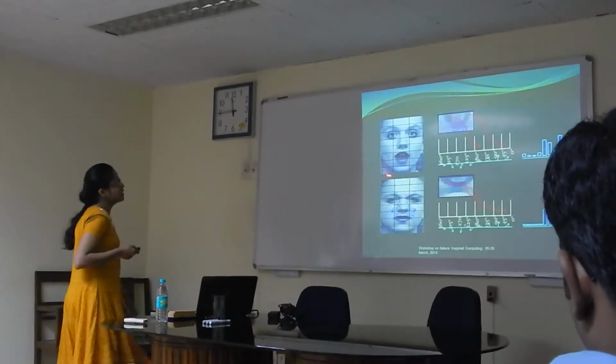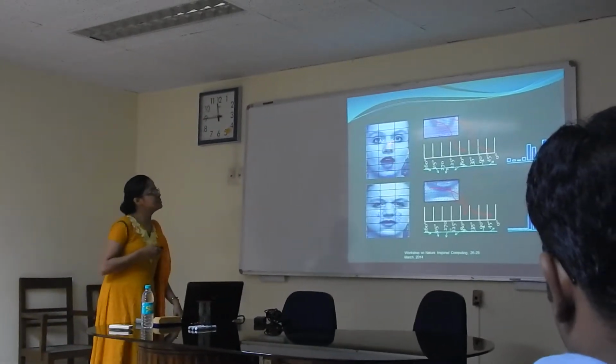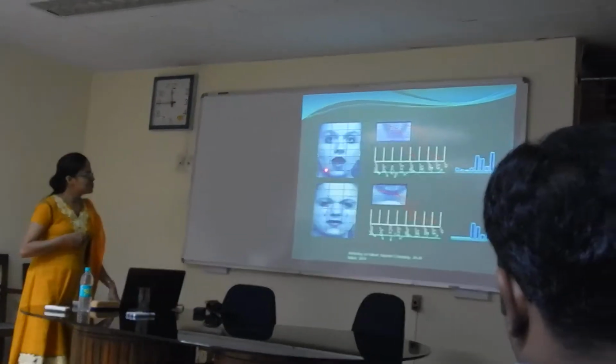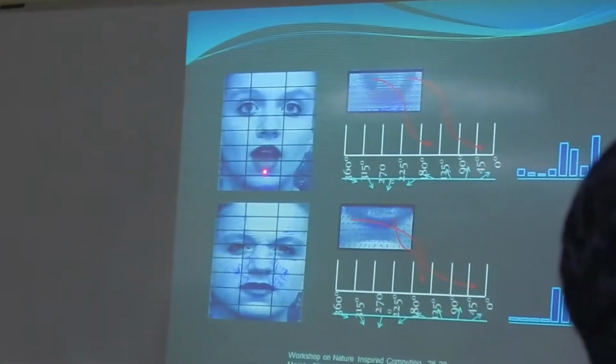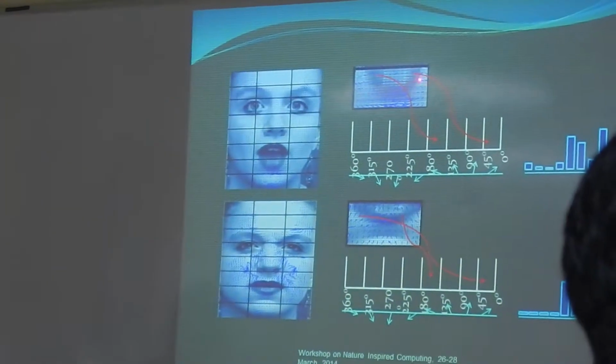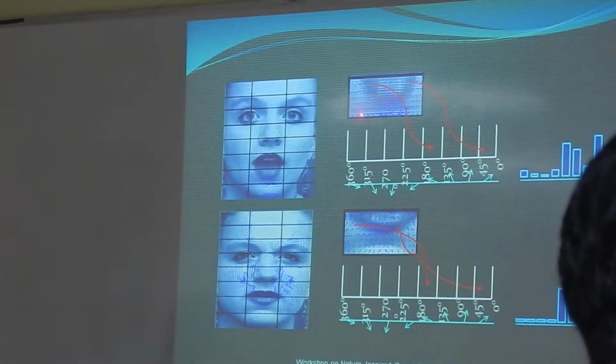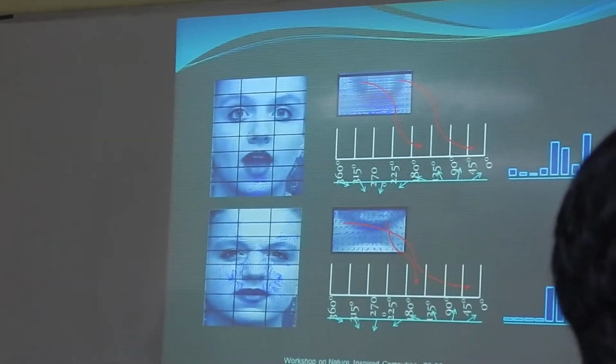So suppose here we have one example where the girl is kind of surprised, and suppose we take this portion, this window, and this window is enlarged here, so we can see the optical flow projected on some of the pixels. It shows the direction and the magnitude by which each pixel has moved.